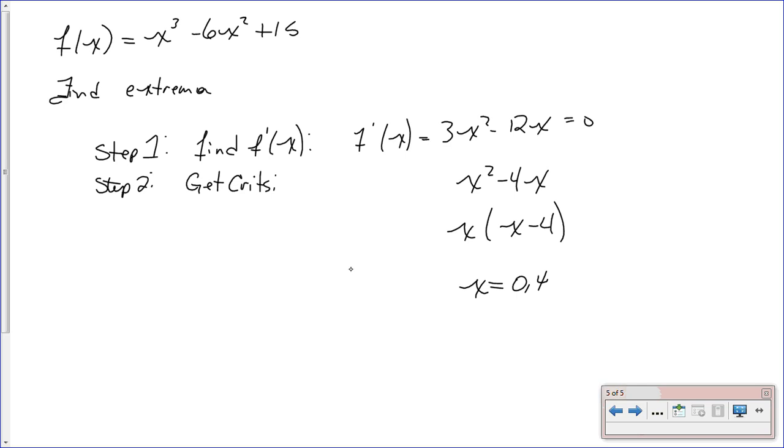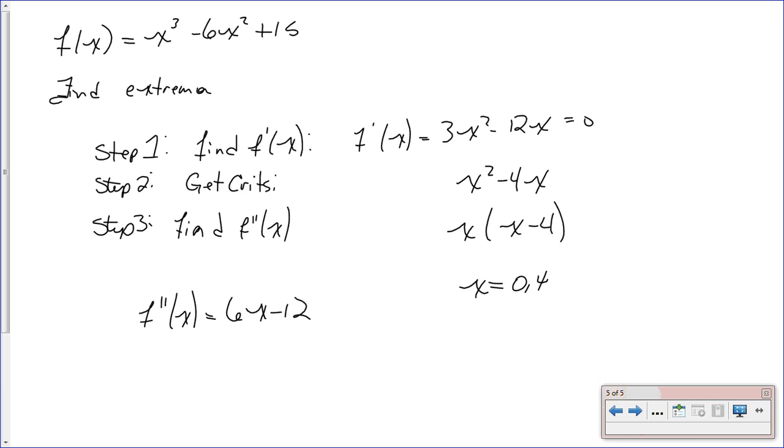So now, step 3, we want to get f double prime. Let me write that down. 3x squared would go to 6x minus 12. So let's plug in our two critical points. If we plug in 0, f double prime at 0 is going to be negative 12, since that cancels.